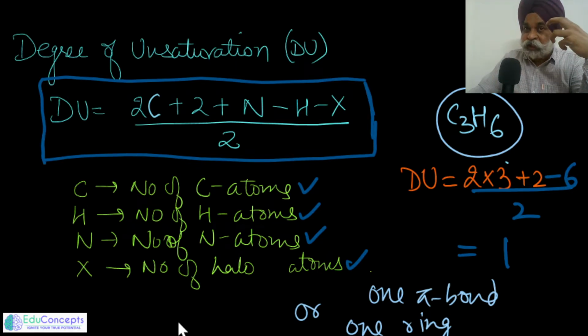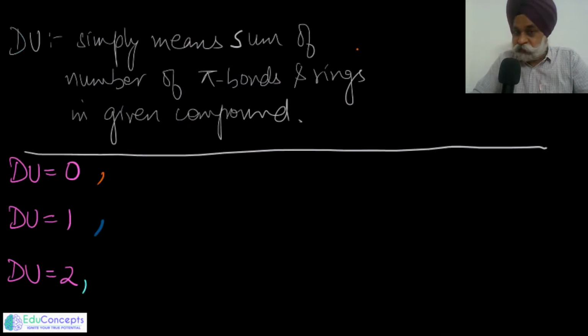This means the number of ways it would be available in nature structurally: it could be in the form of a double bond, or it can be in the form of a ring. So that is why it is very important to understand degree of unsaturation before we go into structural isomerism. Another way to do the same thing is that degree of unsaturation simply means the sum of the number of pi bonds and rings in a given compound.